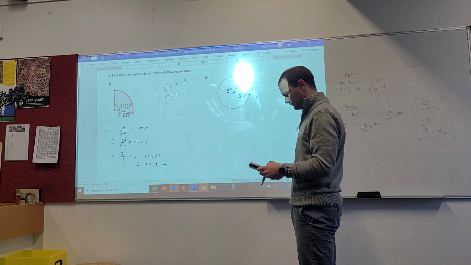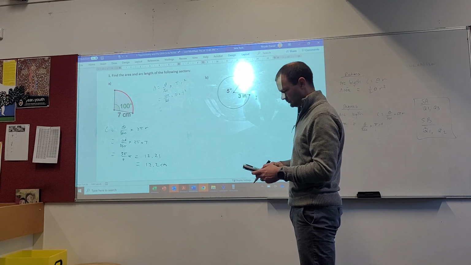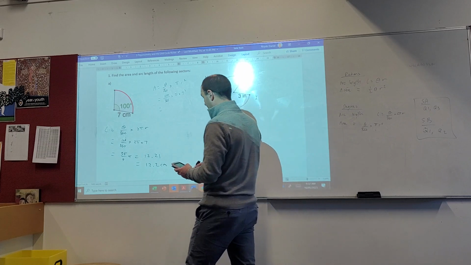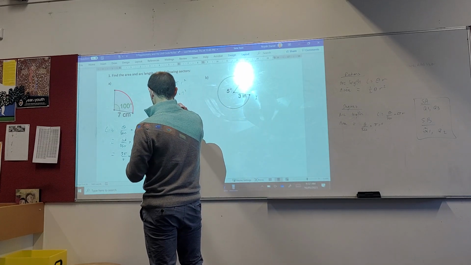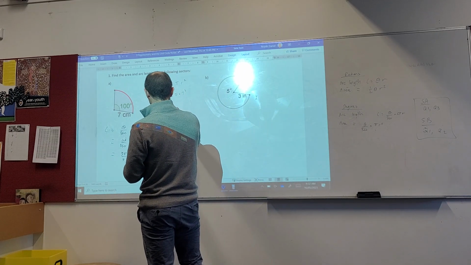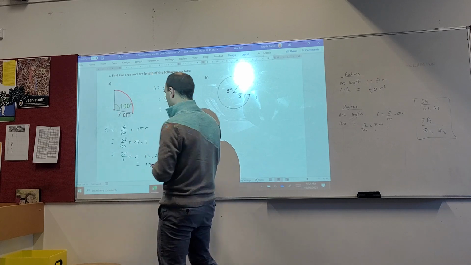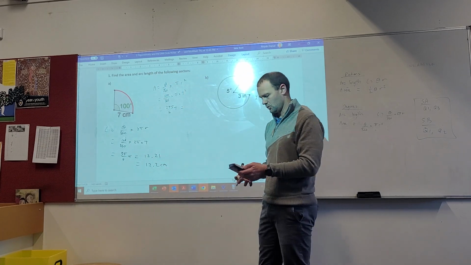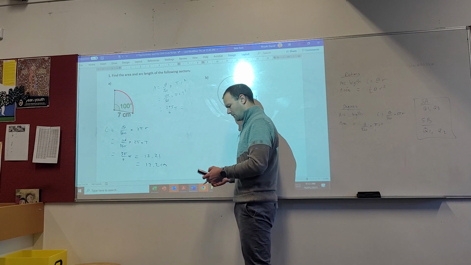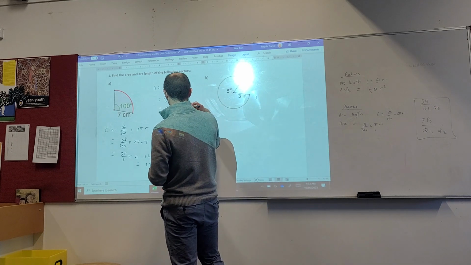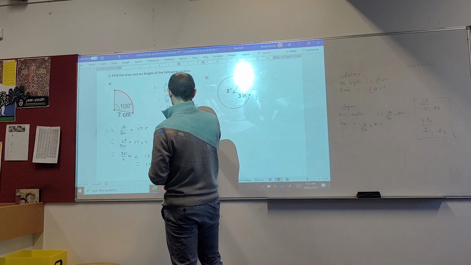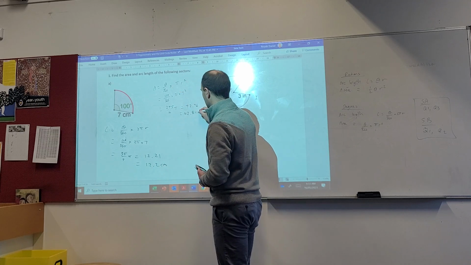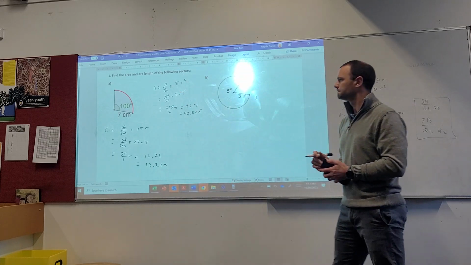Again, it pops out in exact form, 245 on 18 pi. And we'll round it because it's a unit of measurement. It's an area, 42.76, which is 42.8 centimetres squared.